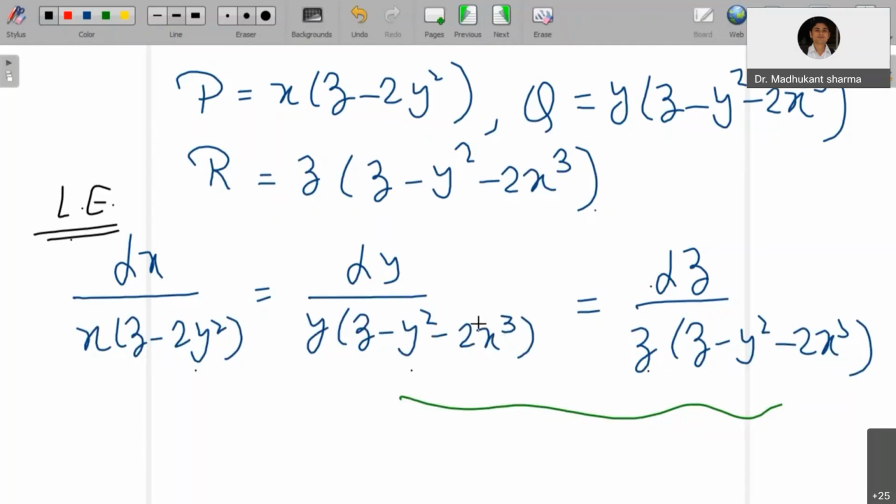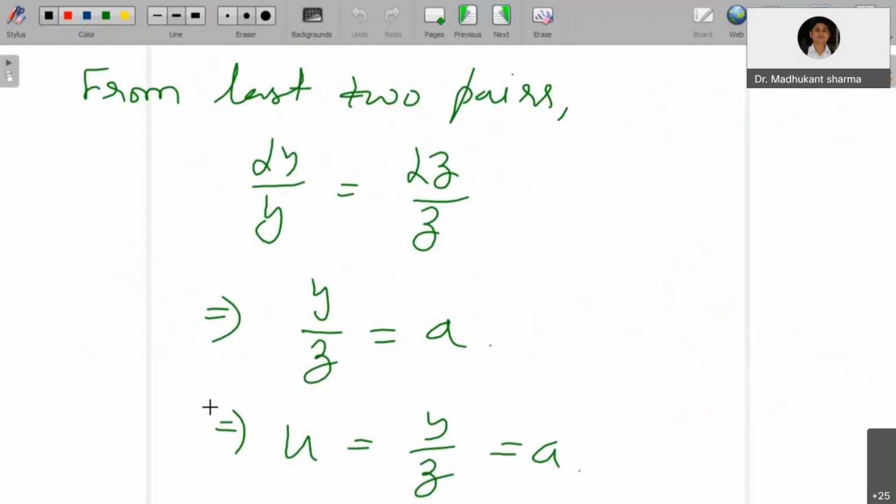It's very simple to observe because this factor will get cancelled and you have dy by y equals, integrate both sides and add a constant of integration, and you will be able to identify one of the families.